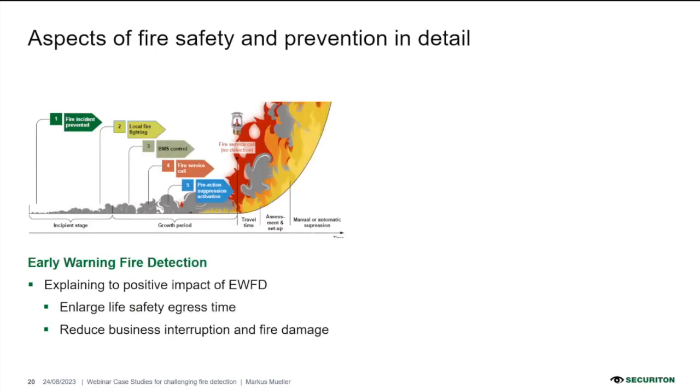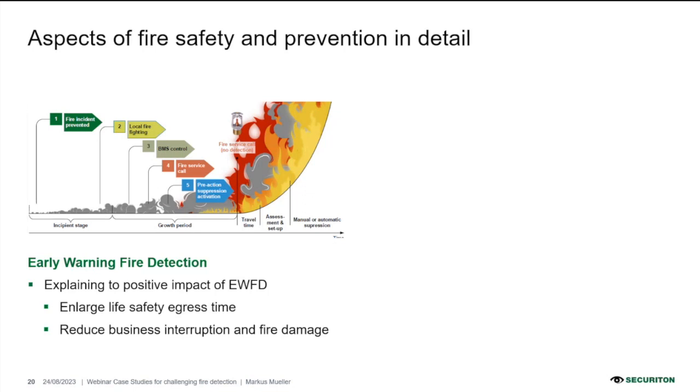Further, we emphasize early warning fire detection. Early warning fire detection has a very positive impact. On one side, it enlarges the time for people to leave the hazardous area or the area in general before the fire gets out of hand.